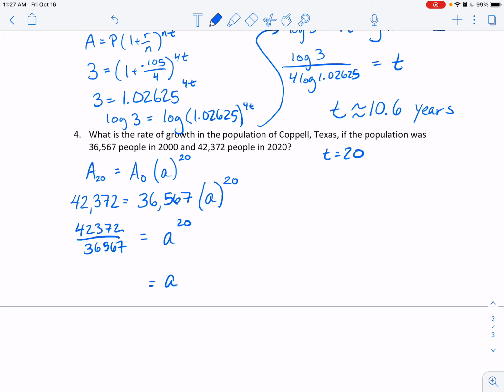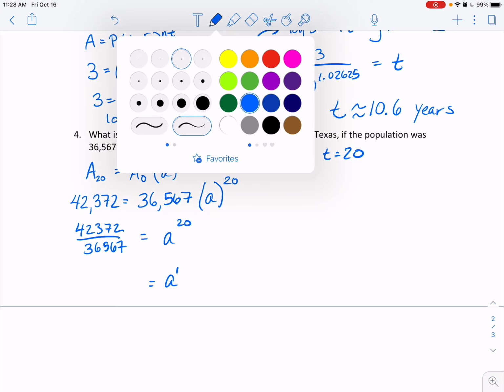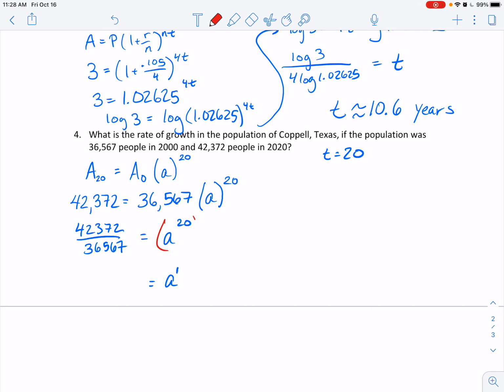Okay, so I've got a to the 20th power, but I want a to the first power. So what I'm going to do is raise both sides to the 1/20th power to see what that value would be approximately equal to. I have my calculator off to the side. You can't see it, but believe me, it's there.